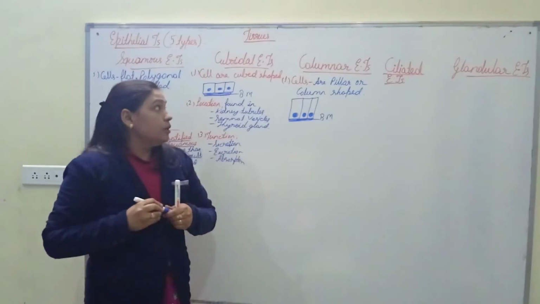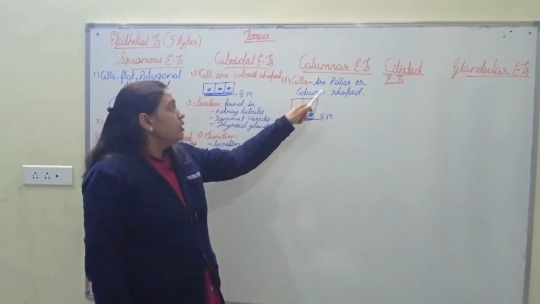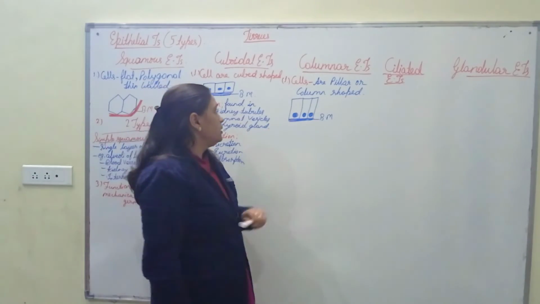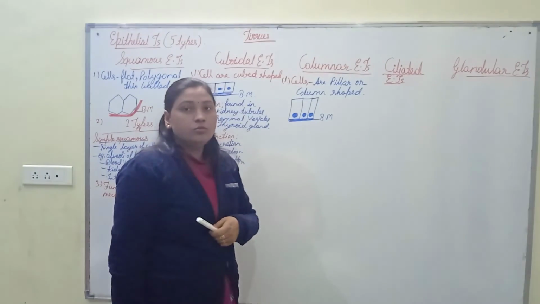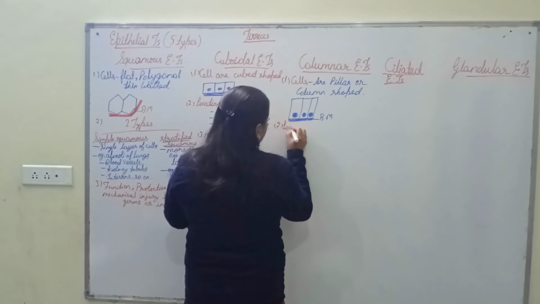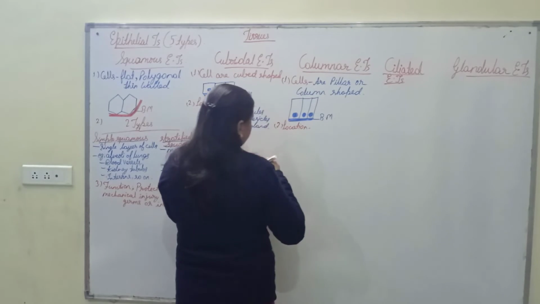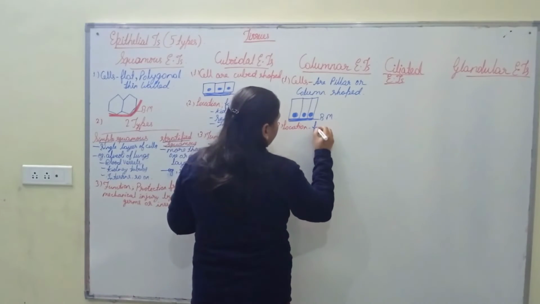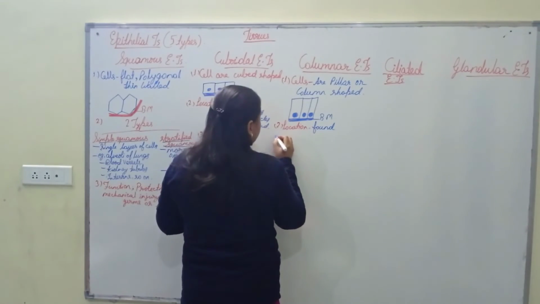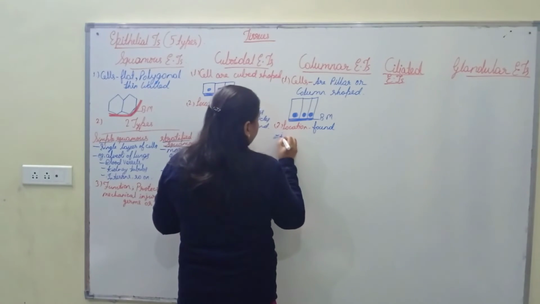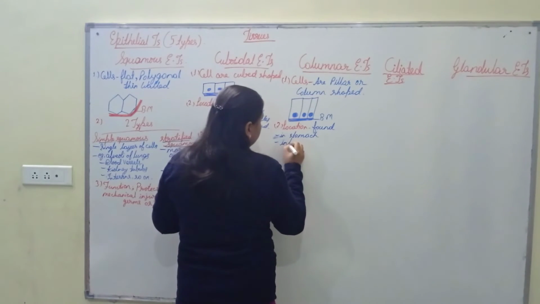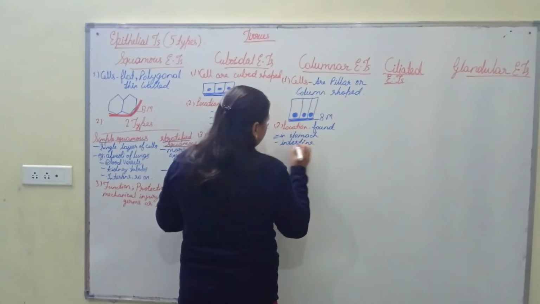So, columnar epithelium tissues are those in which cells are pillar or column shaped, and their nucleus lies at the bottom of the cells. Location: they are found in stomach, intestine and mucous glands.